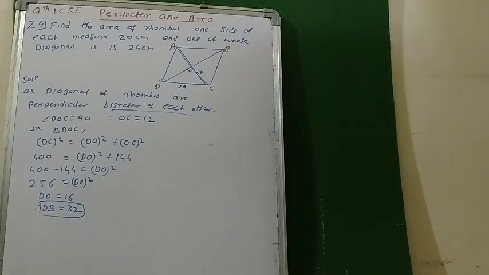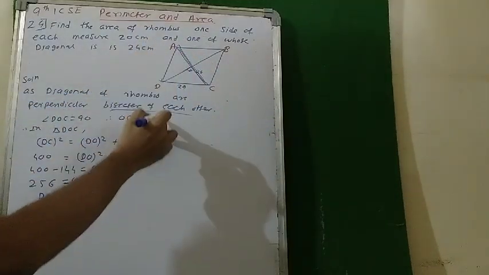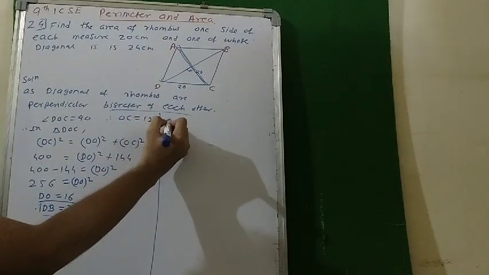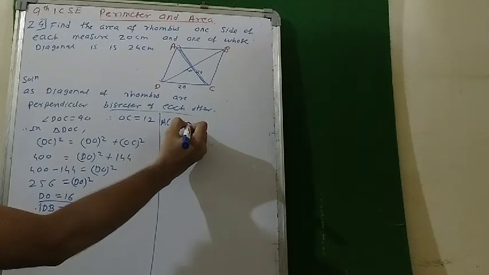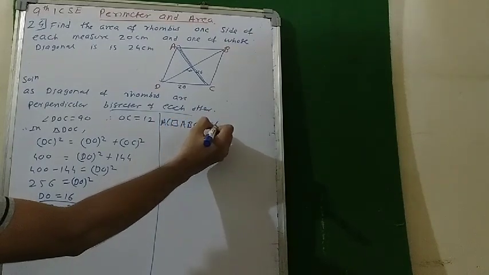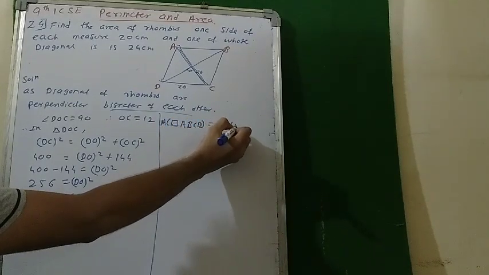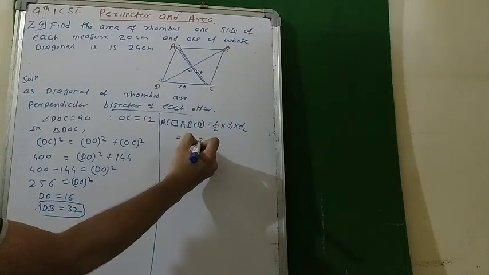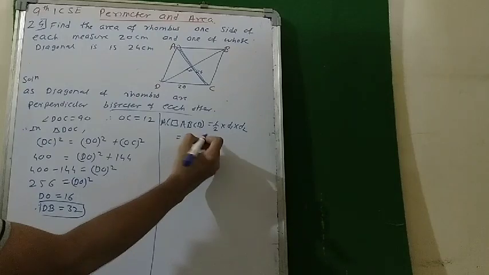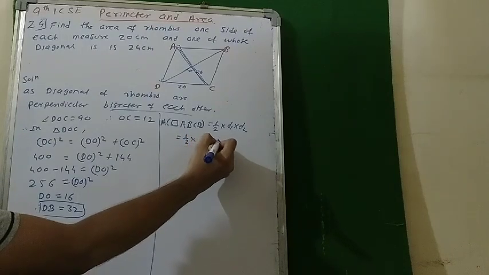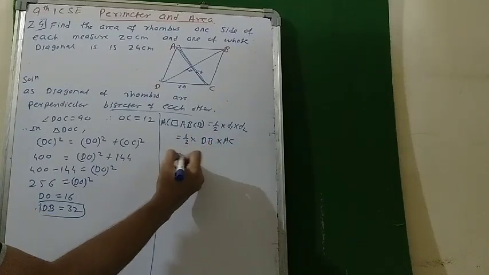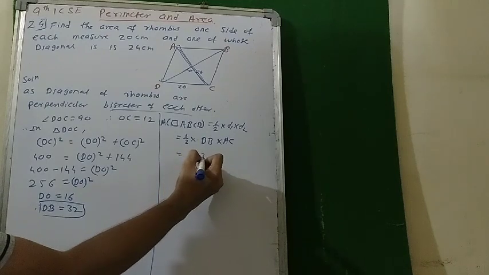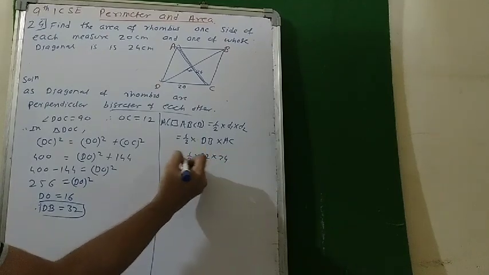Okay, so now we have the first diagonal as well as the second, so easily we can find the area. Therefore area of the rhombus is equal to half into product of the diagonals, that is d1 into d2. So half into DB into AC. DB is 32, AC is 24, which was given in the question.